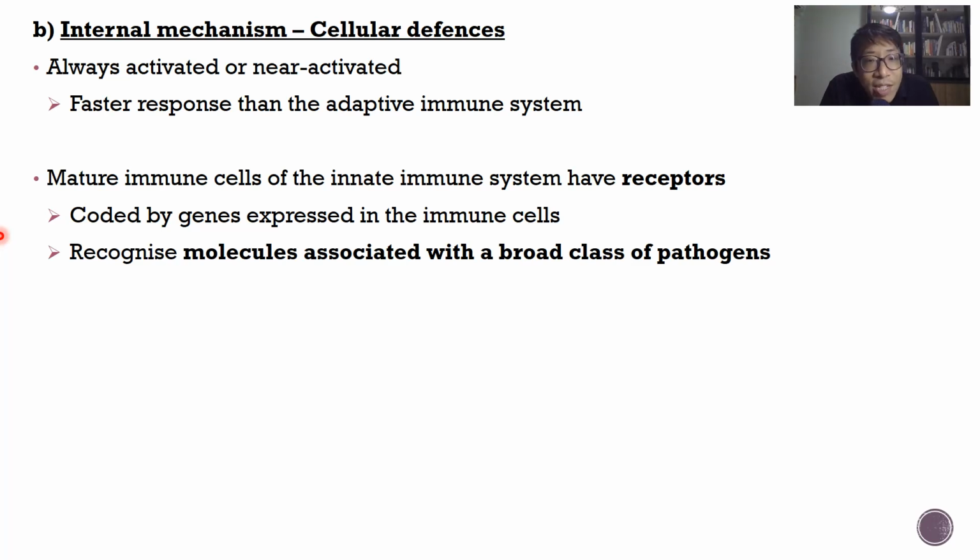That's why it's described as molecules or antigens associated with a broad class of pathogens. Maybe they recognize peptidoglycan, for example, then they would know that it is a bacterial pathogen, but they don't know which kind of bacteria. That's how the recognition is non-specific, by recognizing antigens found on many different pathogens.